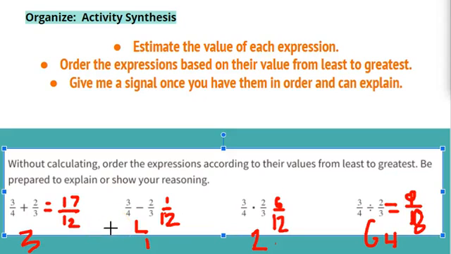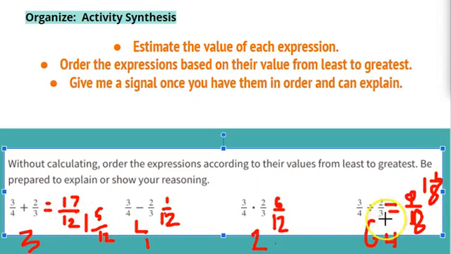So far these are correct. It's whether this is the greater one or this is the greater one. Let's see, 1 5/12 compared to 1 1/8. Huh, I was wrong.